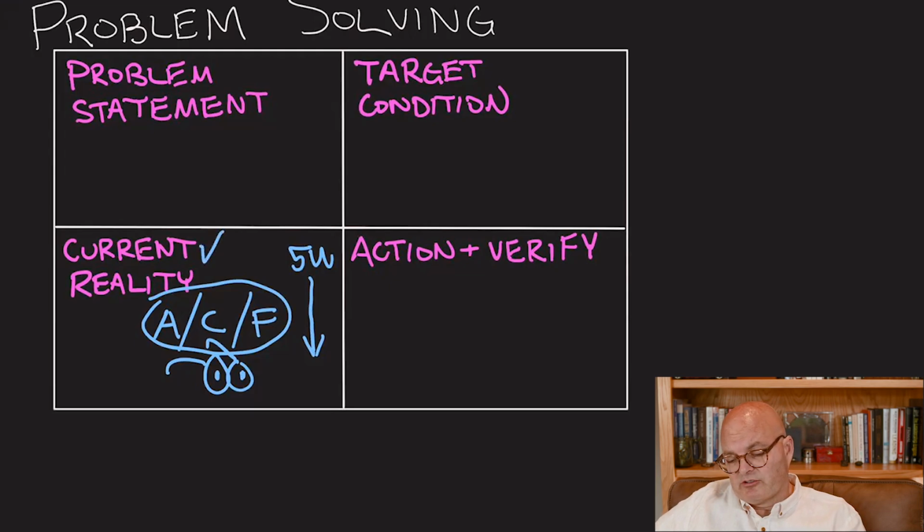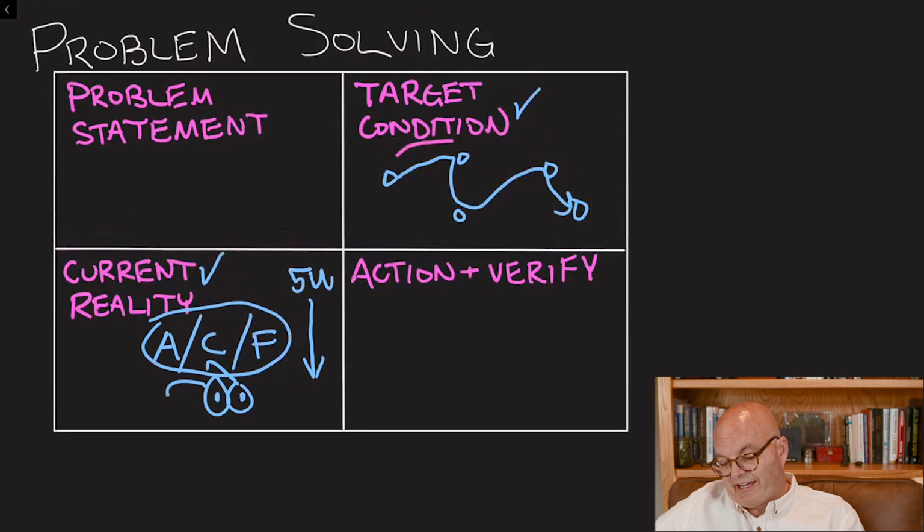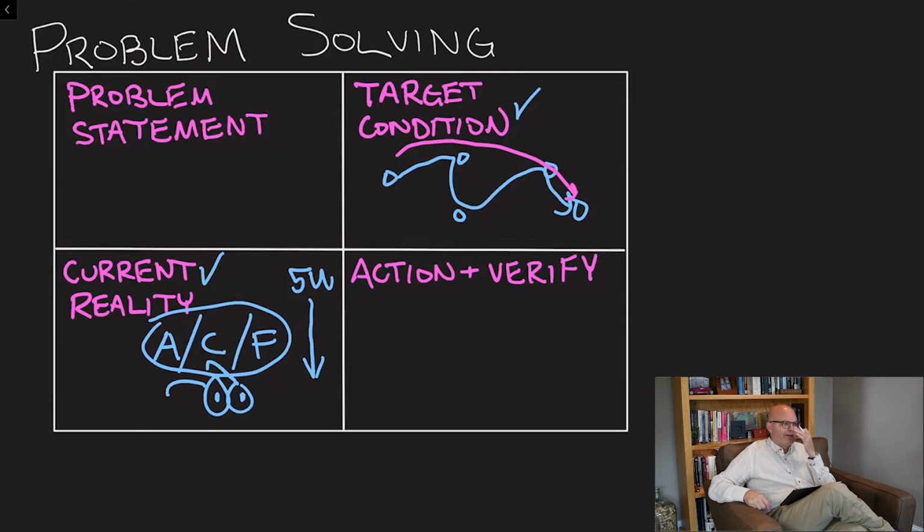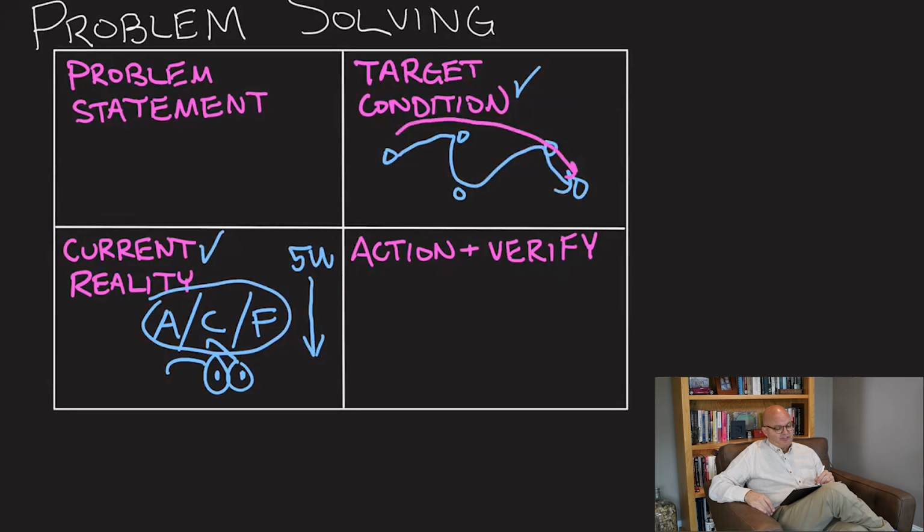Now I use the 4 rules to also look at my target condition, right? How do I take a flow that wasn't simple, something like this, and streamline it so that I get a simpler, more specific flow? Now, when you really start to ingrain the 4 rules in your organization, what you'll also find is that the 4 rules start to be a problem statement, because our standard is that every activity is structured.